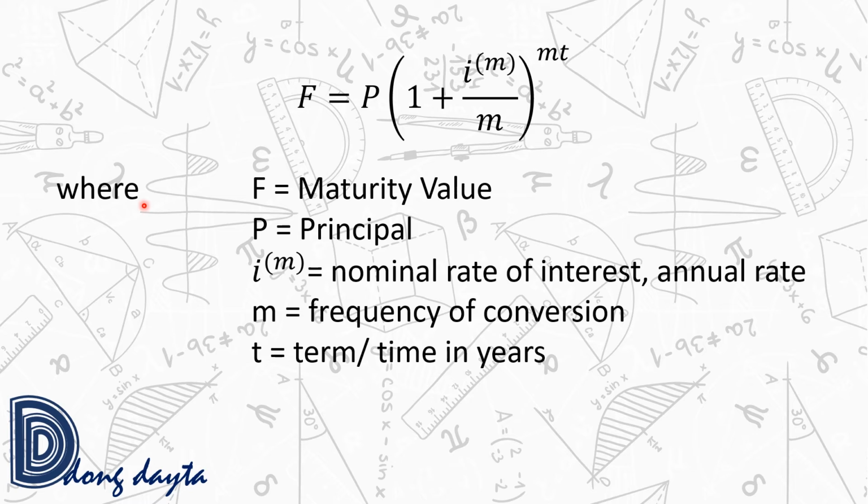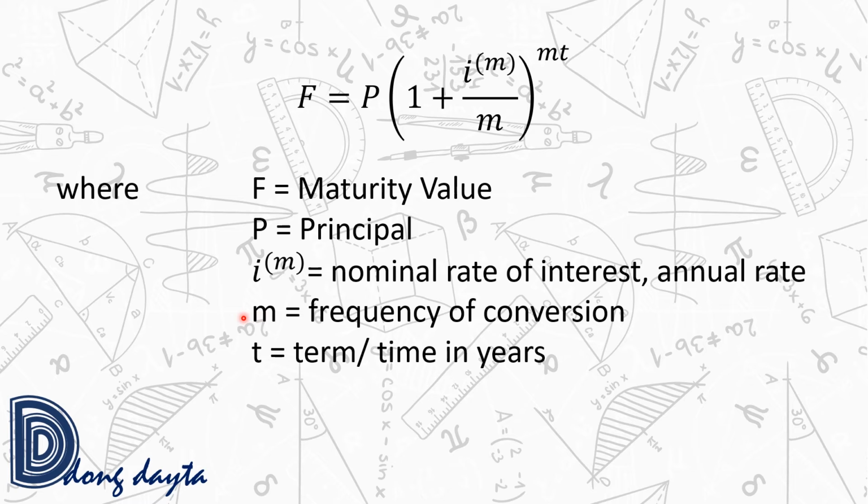P is the principal or the investment. i superscript m is the nominal rate of interest or the annual rate. m is the frequency of conversion. So if the interest is compounded semi-annually, m is equal to 2.